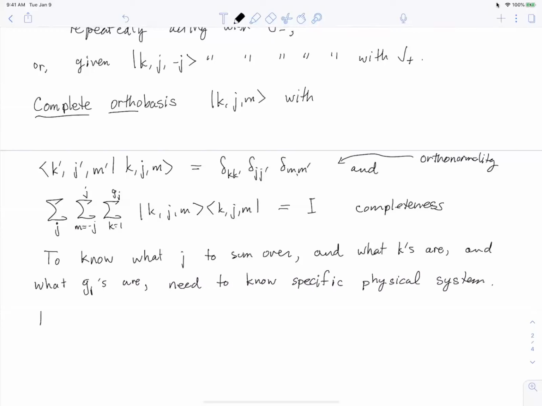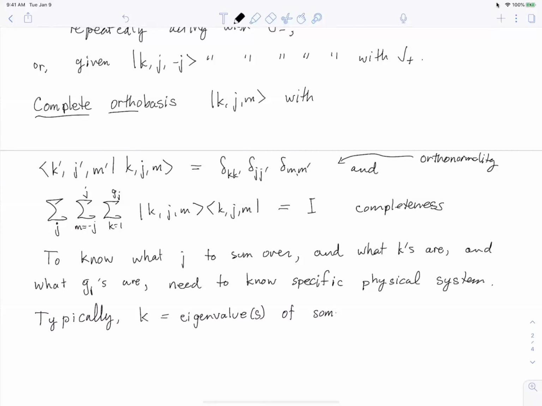Okay, but typically, k is going to be the eigenvalues of some observables. I'm saying plural here because it could be more than one. K could stand for more than one thing.